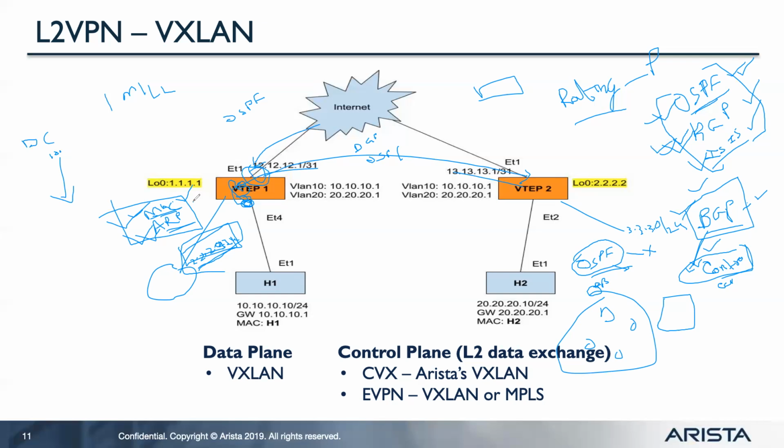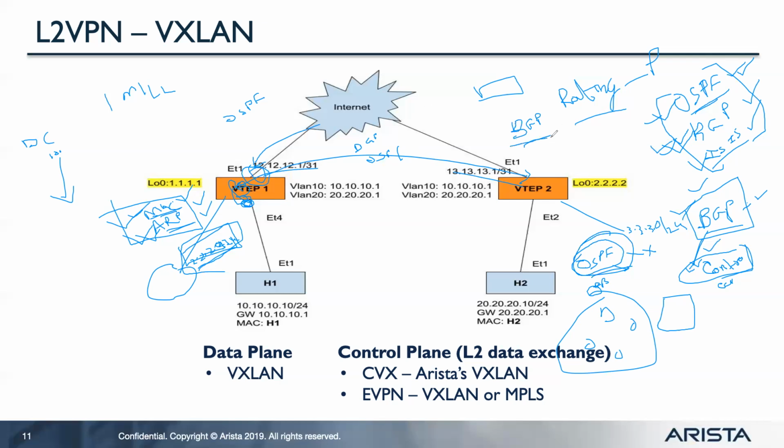So that many MAC addresses and ARP entries you have to exchange from one end to the other, and if you see churning in that, you will end up with the same problem. So that's the reason why, in the first place, you would choose BGP for this type of exchange.